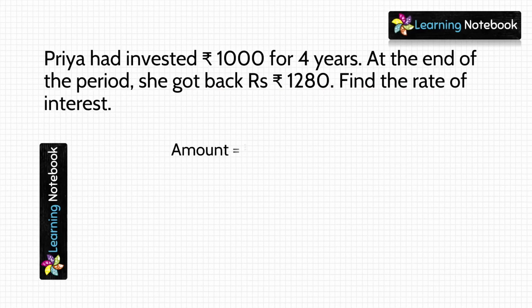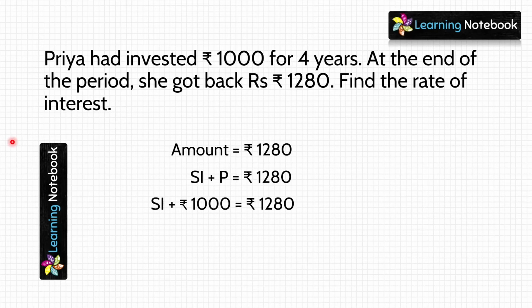So let's see how to solve it. We are given amount equals rupees 1,280. And we know amount equals simple interest plus principal. And we are also given the value of principal amount, which is rupees 1,000. So let's put it here. We get simple interest plus 1,000 equals 1,280.